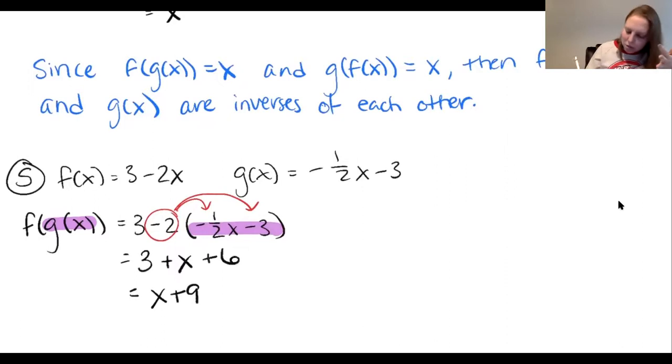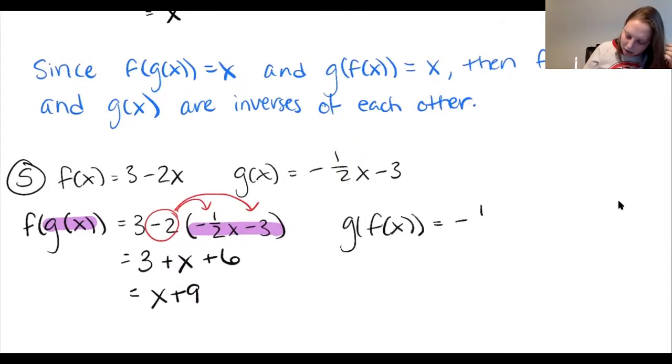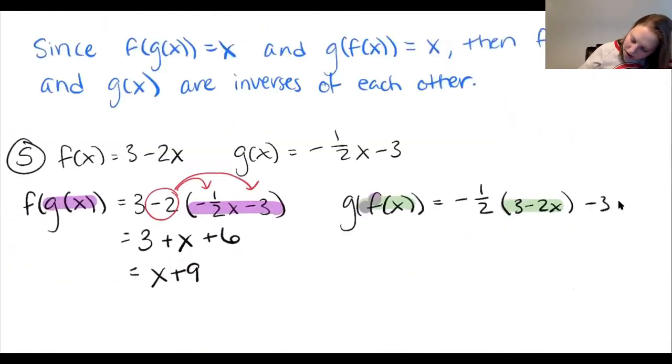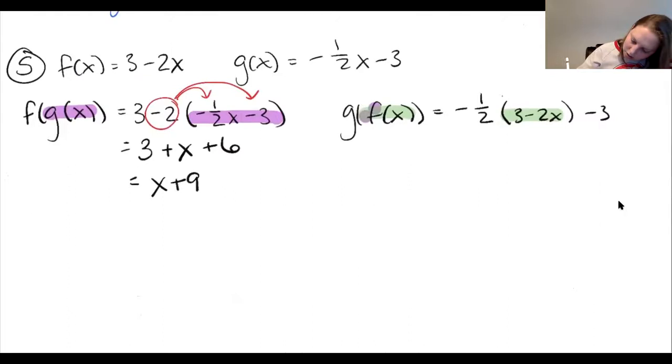So let's see what happens when we do g of f of x. We have negative 1/2 times 3 minus 2x, minus 3. So we're plugging our f of x inside here. I'm going to start by distributing this negative 1/2, multiplying that through.